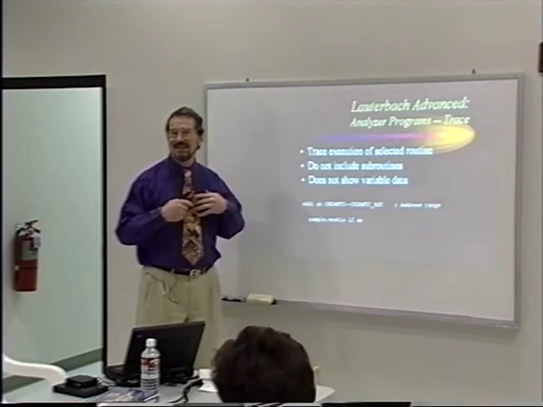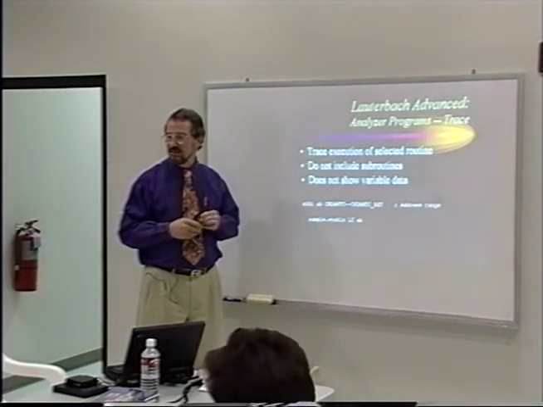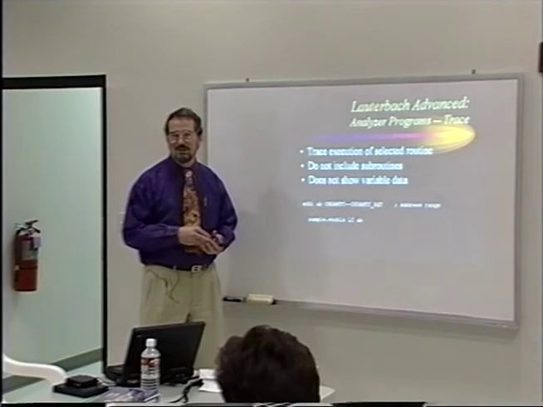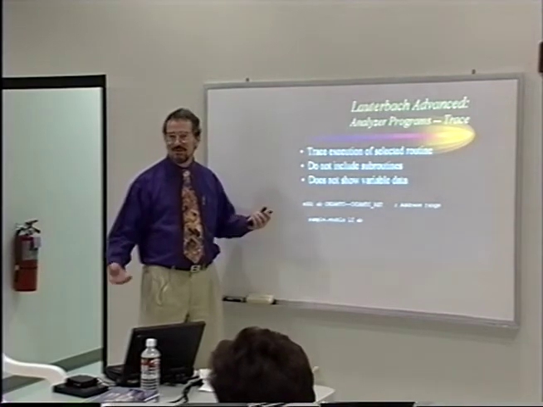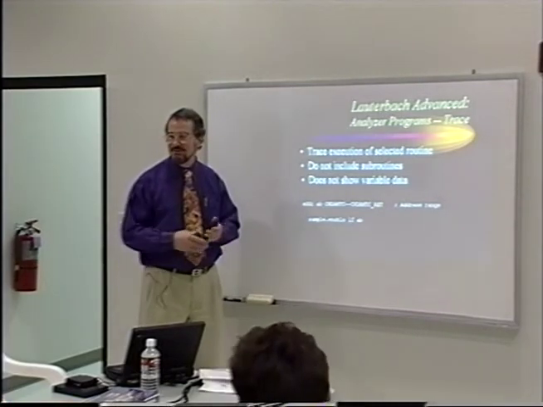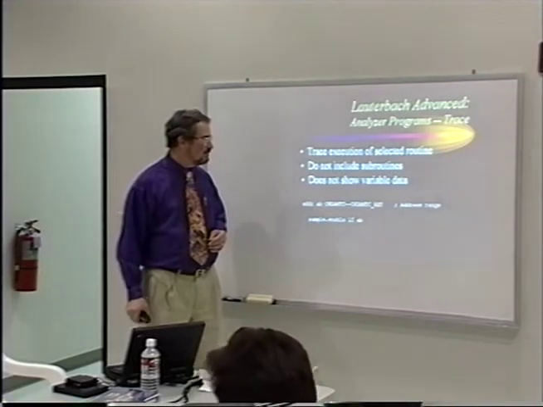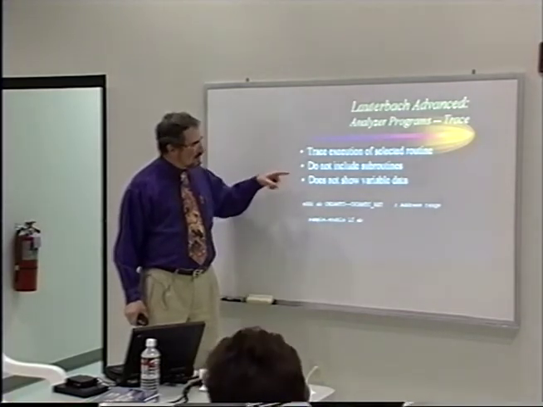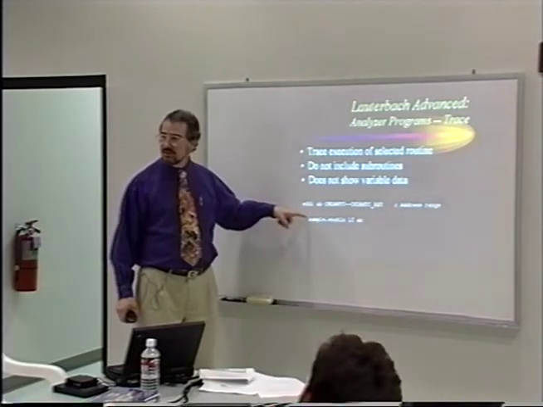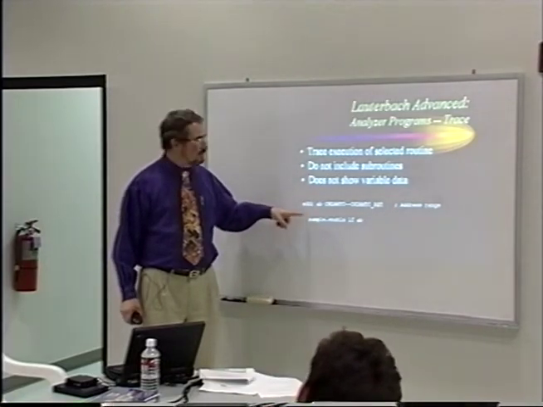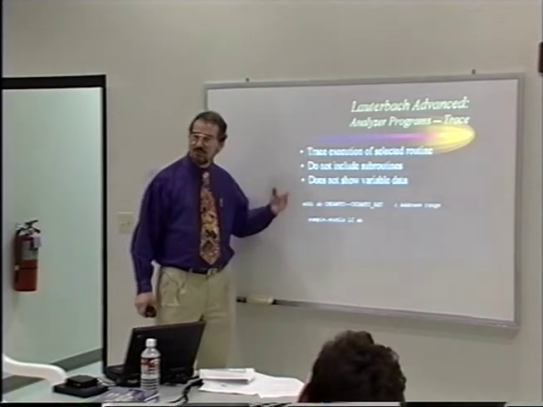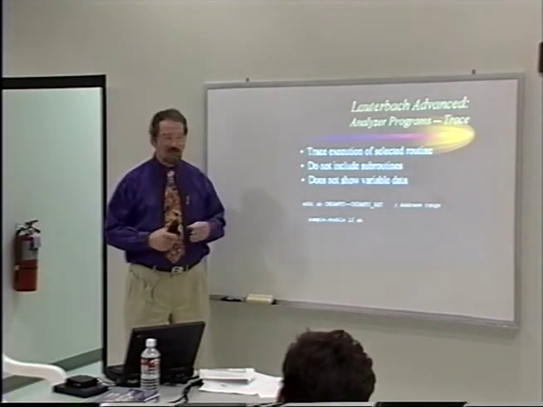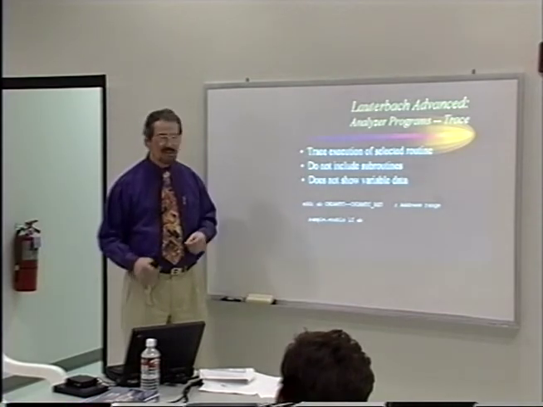It would be slightly more correct, but since so seldom do we bother to read our code, this is really the only time we ever get there. But this does not go into the subroutines, which is good for us, but it doesn't show us the variable data. As we're going through, if we load A with a value, we don't know what that value is when we trace it this way.